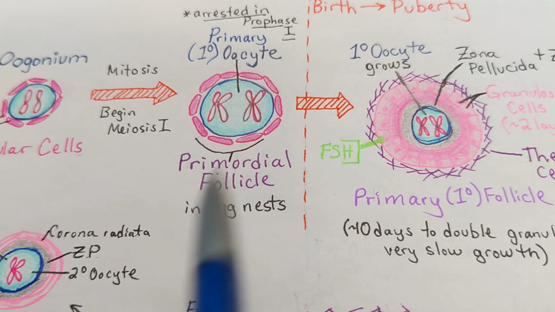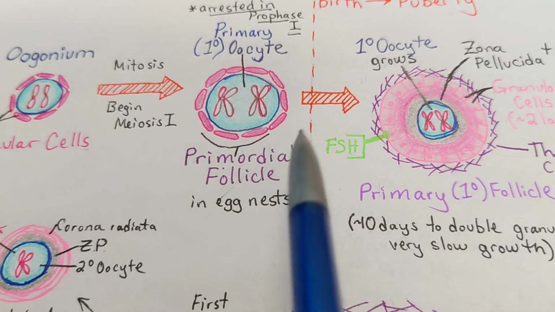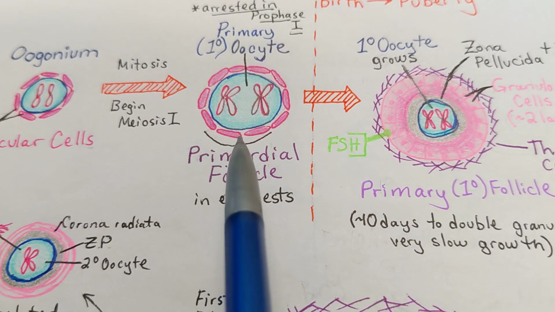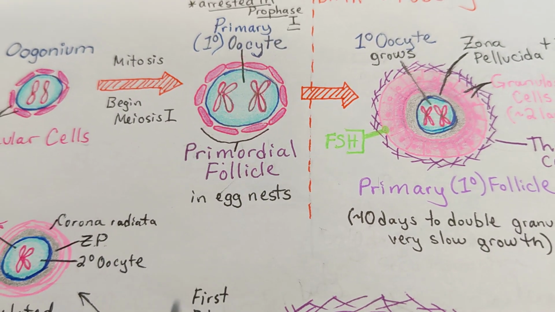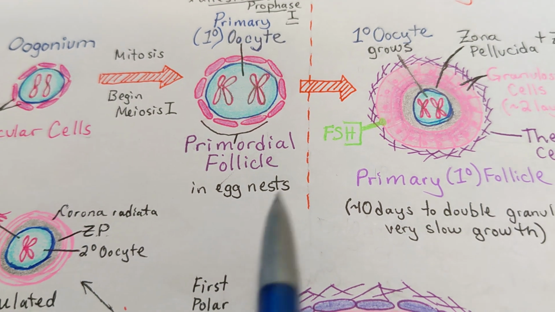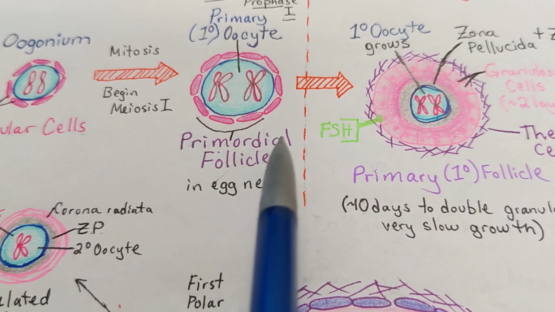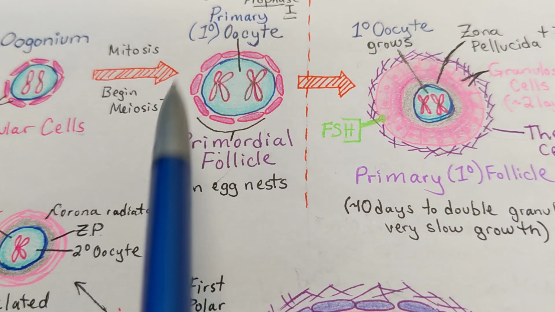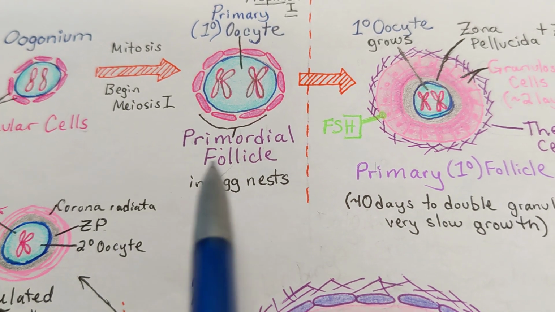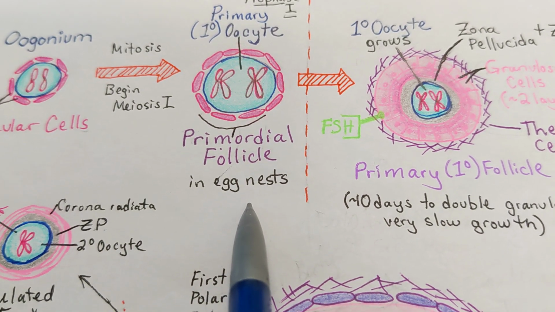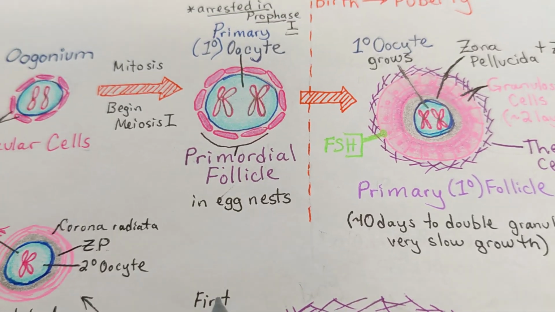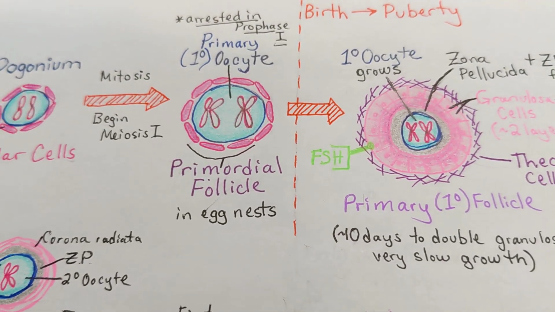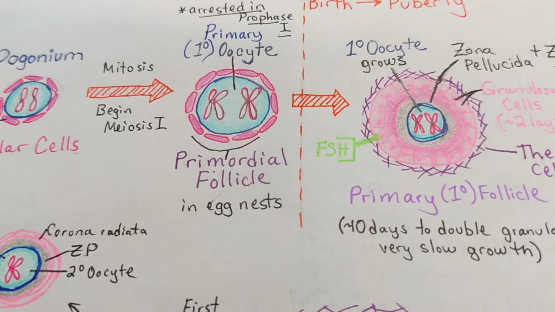At this time, the follicular cells haven't really changed. It's pretty much just a single layer of flat or squamous cells all the way around this spherical oocyte. Within the ovary, these primary oocytes surrounded by the primordial follicle are condensed into what are called egg nests. Okay, so there are a series of different groups of these developing eggs all throughout the ovary, and they are surrounded by extra tissue.